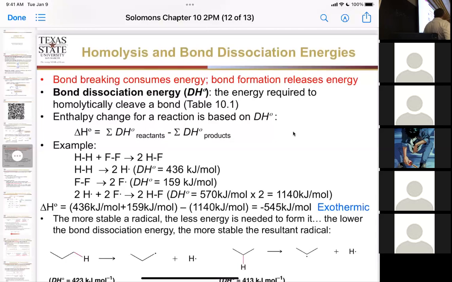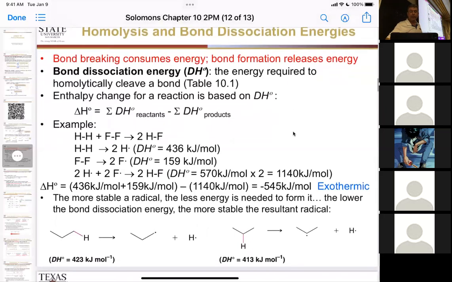Okay, so let's look at this one right here. We have 436 from the hydrogen, we have 159 from the fluorine, and then we have to subtract both equivalents of the HF, which is this 1400, which gives us a negative 554. Okay. So a negative 554, meaning it's an exothermic reaction, and it wants to move from the hydrogen and fluorine to the hydrogen fluoride acid. Okay.